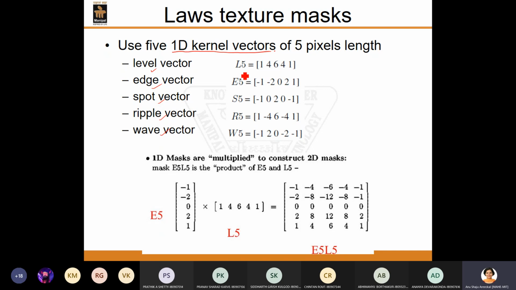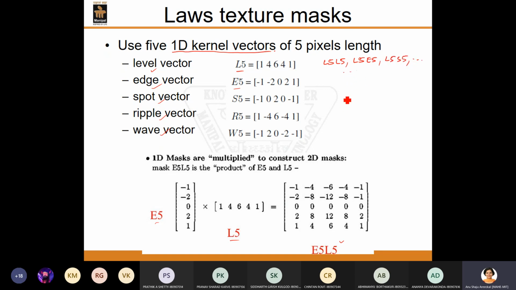Now what is done is, these one-dimensional kernel vectors are multiplied with each other to form 2D kernel masks. As an example, when I multiply E5 and L5, I get a two-dimensional matrix as given here, and I can represent it as E5L5. Similarly, I can multiply L5 with L5 to get L5L5, then L5 and E5 to get L5E5, then L5S5 and so on.